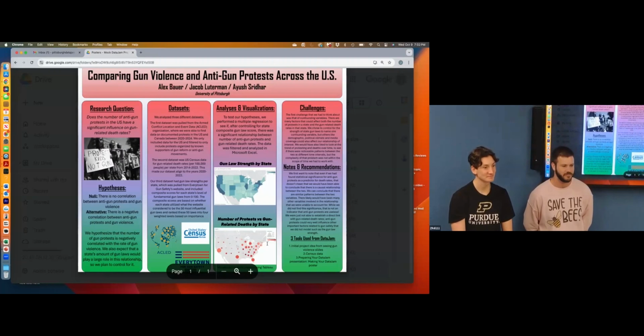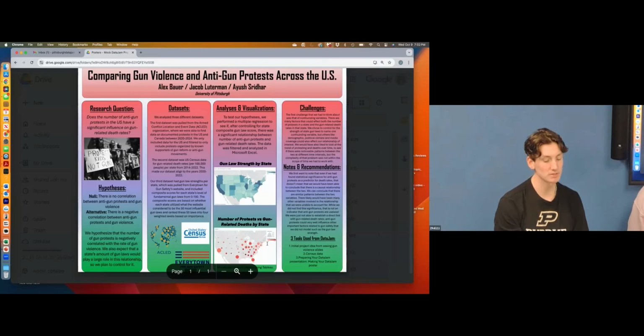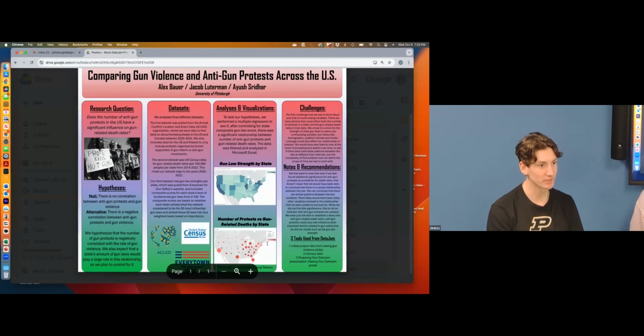With all the confounding variables, did you ever think to do it on a smaller scale, like just Pennsylvania, or did you always want to do the entire US? No, we definitely thought about just comparing what it would look like in a state that had higher gun strength and one that had lower, and comparing the differences.